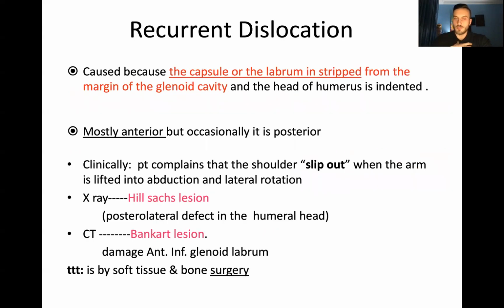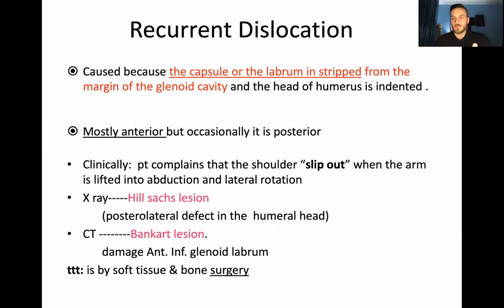What about recurrent dislocation? It's very common that a patient has an episode of shoulder dislocation. The problem is sometimes he might have recurrent dislocation, more and more dislocations. Then he will have some complications for the ligaments, the labrum, and the bone. Clinically, the patient usually knows the position in which the shoulder will dislocate.